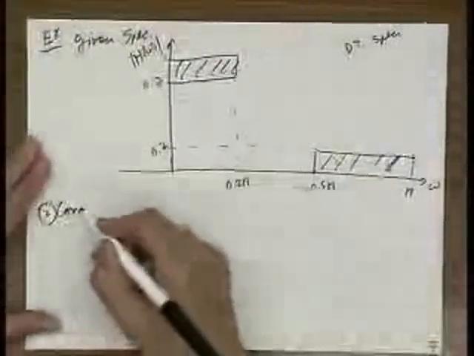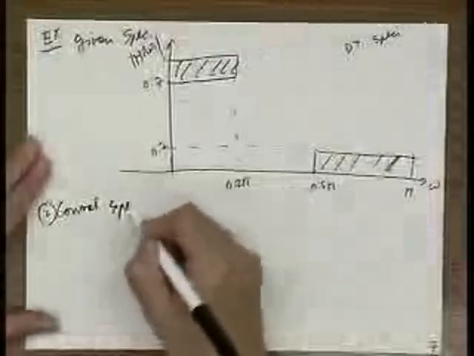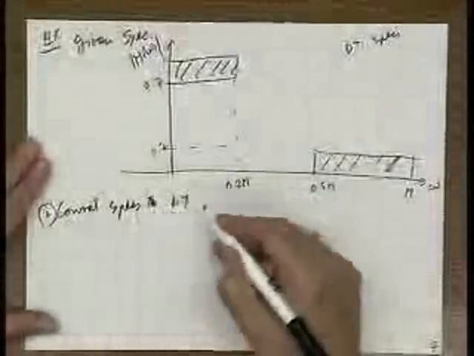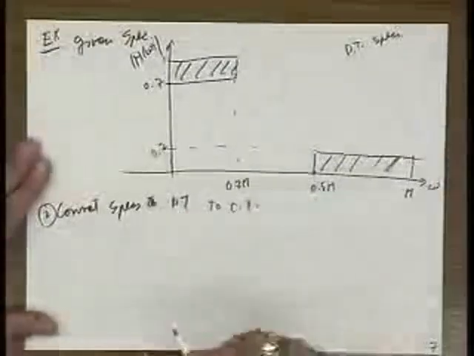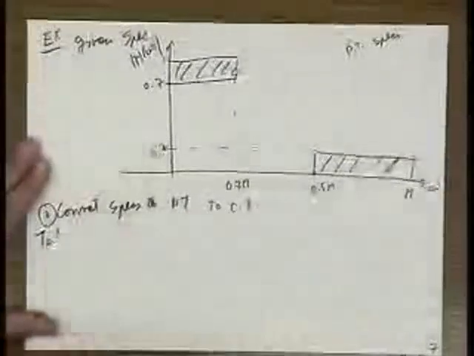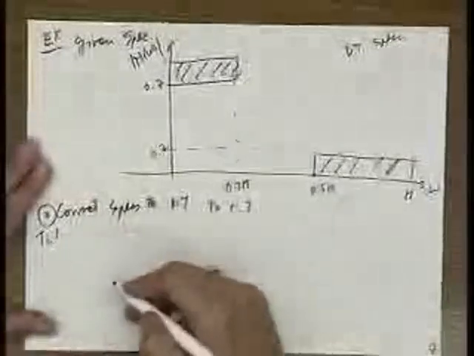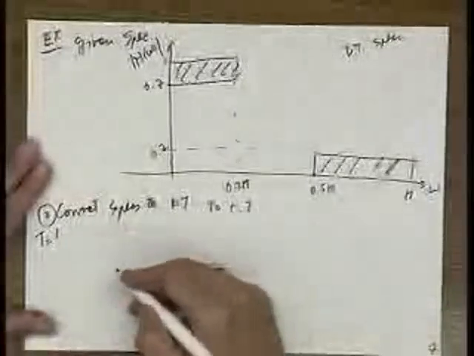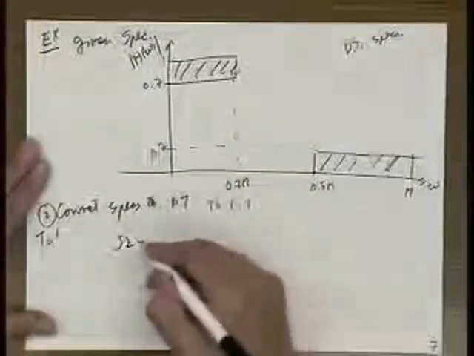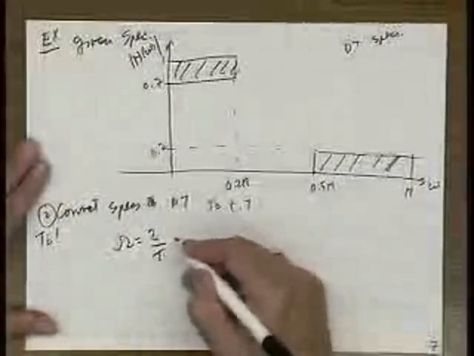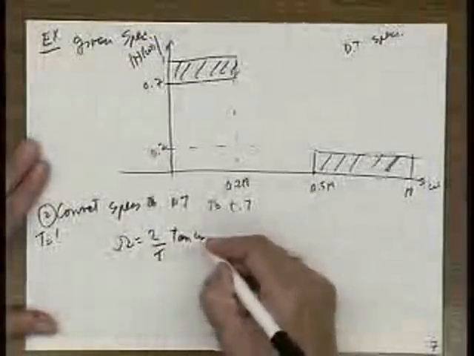So I want to convert these specs from discrete time to continuous time. Again, for convenience, I pick T equals 1. Then omega is equal to 2 over T tan(omega over 2), and with T equals 1, I get omega equals 2 tan(omega over 2).